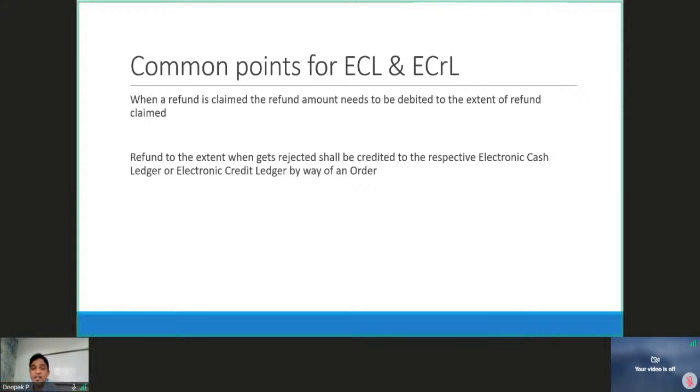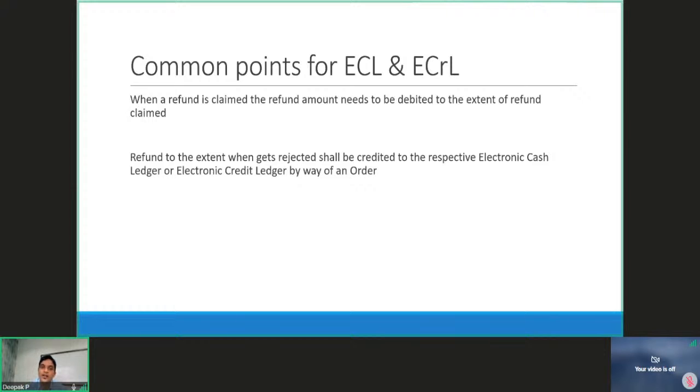So is ITC available on RCM? Yes. Once you make the RCM payment, I have to make the RCM payment only through the cash ledger because I cannot utilize the credit ledger. Clear? Once I make the payment in cash, the credit is still available to me. I can utilize it. But you cannot say that my electronic cash balance is 0 and I will make this RCM liability payment because anyway you will give me the credit, so I will utilize the electronic credit ledger.